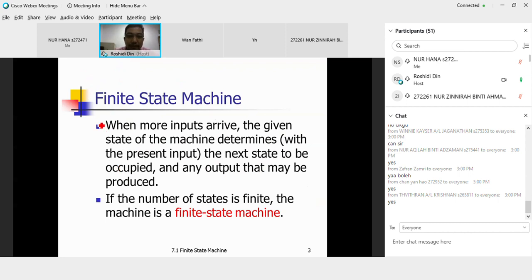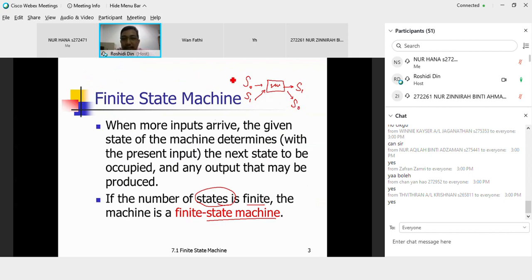So for the finite state machine, we talk about finite states in the machine. For example, we have S0, state 0. We give the input and process inside, then the output will be S1. If we give S1 for the process, the output will be S0.